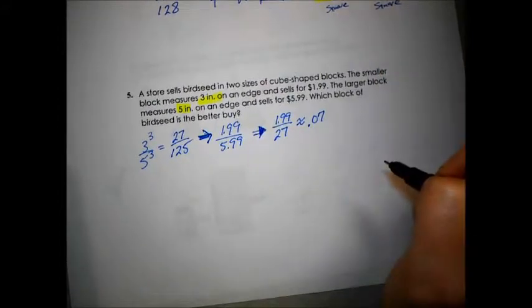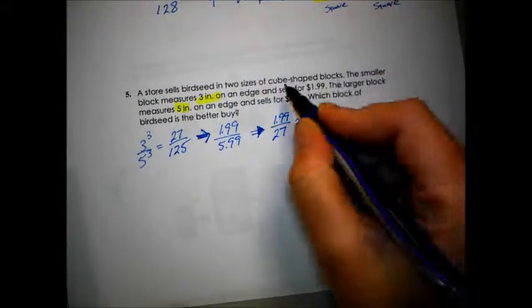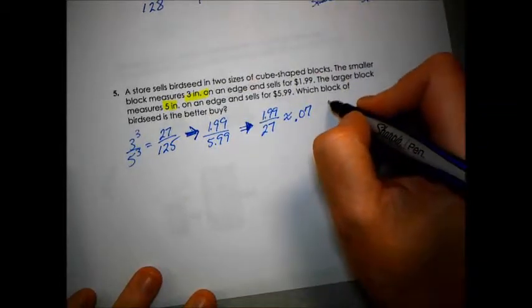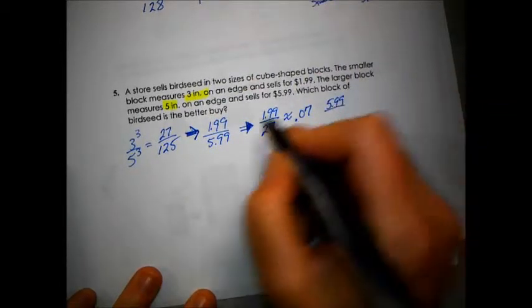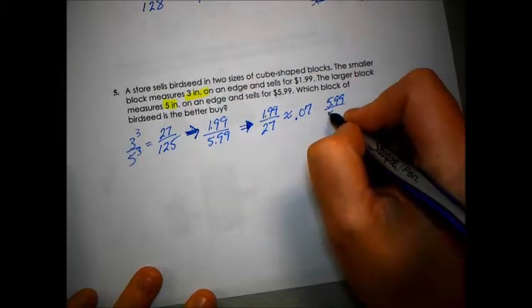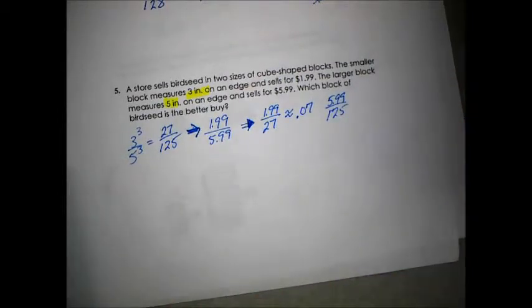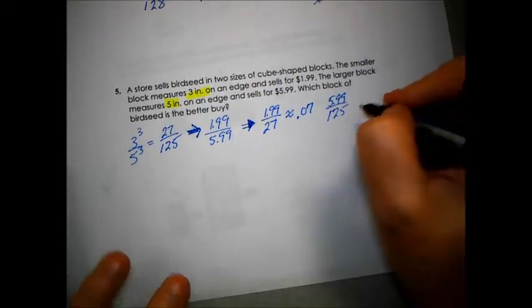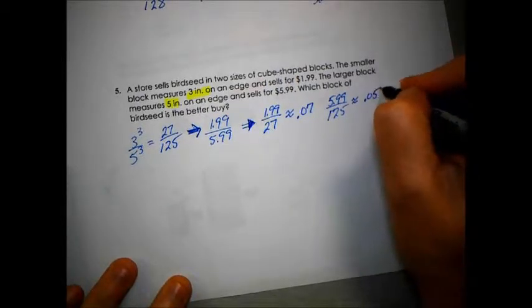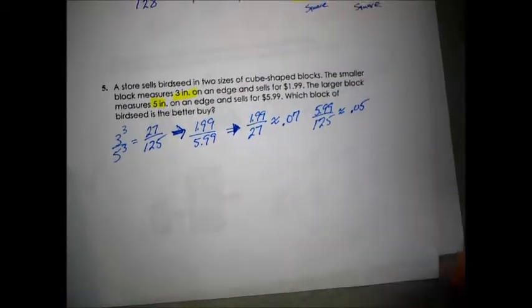for the smaller cube, and then $5.99 divided by its volume, which would be 125, is approximately 5 cents per cubic inch.